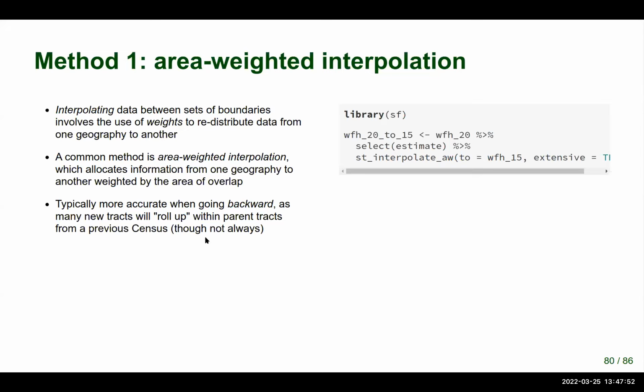What you do is you look at the proportion of the area of each tract, and you compare that to the parent census tract. Let's say one census tract comprises 50% of the area of the parent census tract. That would give it a weight of 0.5. And then you would multiply that weight by the original population value, basically saying, well, it's 50% of the area of the parent census tract. Therefore, we think that 50% of the population lives there.